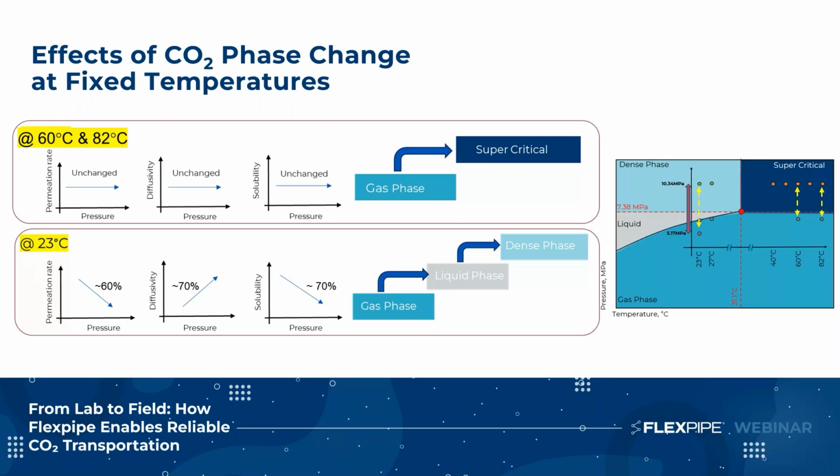While operating at a lower temperature, specifically below the critical point of CO₂, the pressure fluctuation results in a phase change from gas to dense phase. And we noticed that the permeation rates at dense phase are about 60% lower compared to the gas phase. This relative reduction may differ at other temperatures, which needs to be investigated for each case.